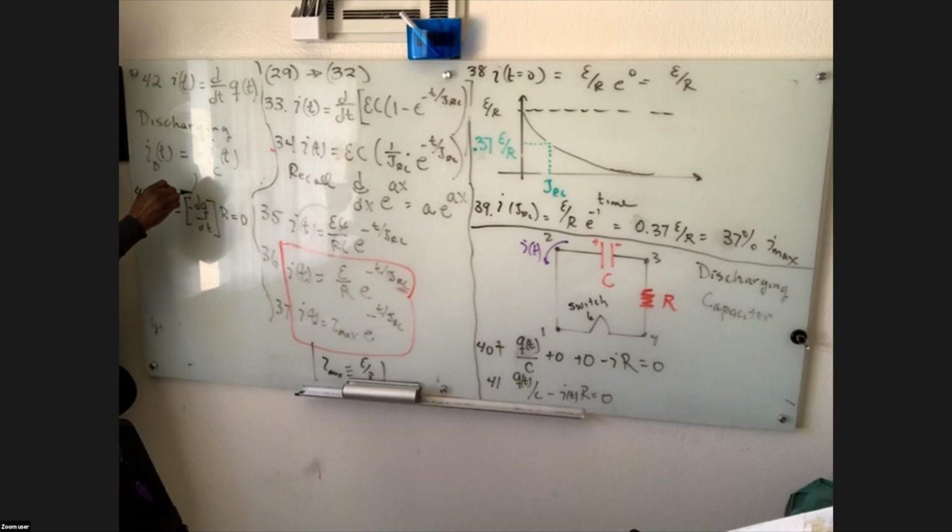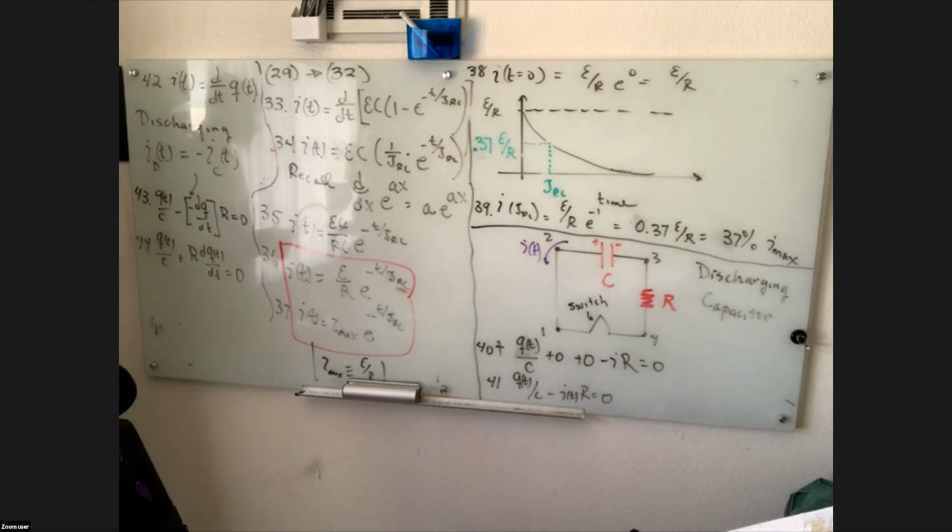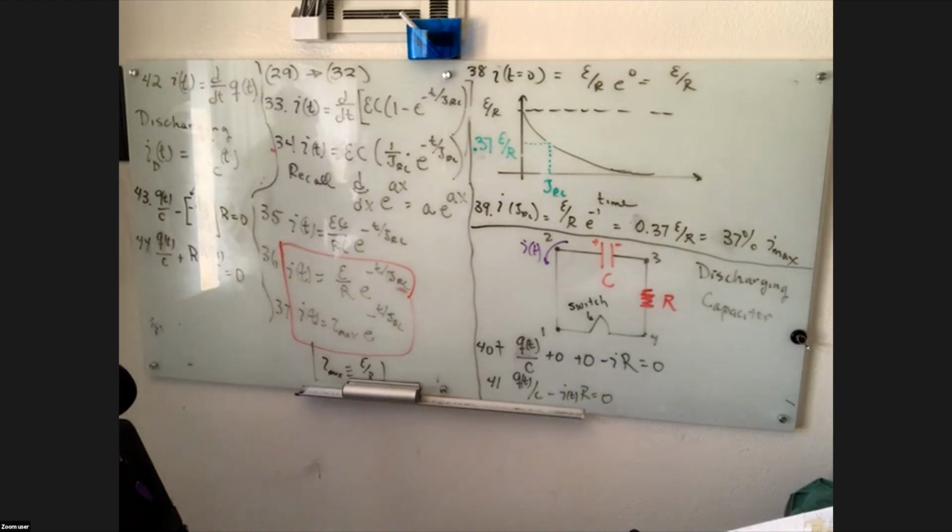So that's that minus sign. So the differential equation I need to separate is going to be q of t over c plus r dq dt equals 0.